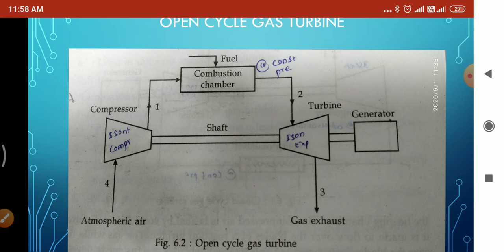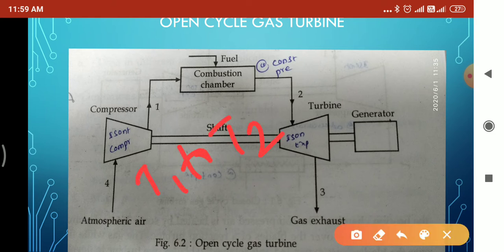In this turbine, the air is first sucked from the atmosphere and then compressed isentropically, meaning the temperature increases from T1 to T2 and the pressure increases from P1 to P2 in the compressor.